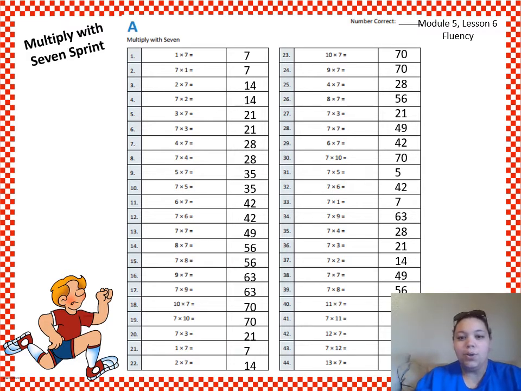Okay, so go ahead and write the number total that you got correct by yourself here at the top, and let's get ready for side B.